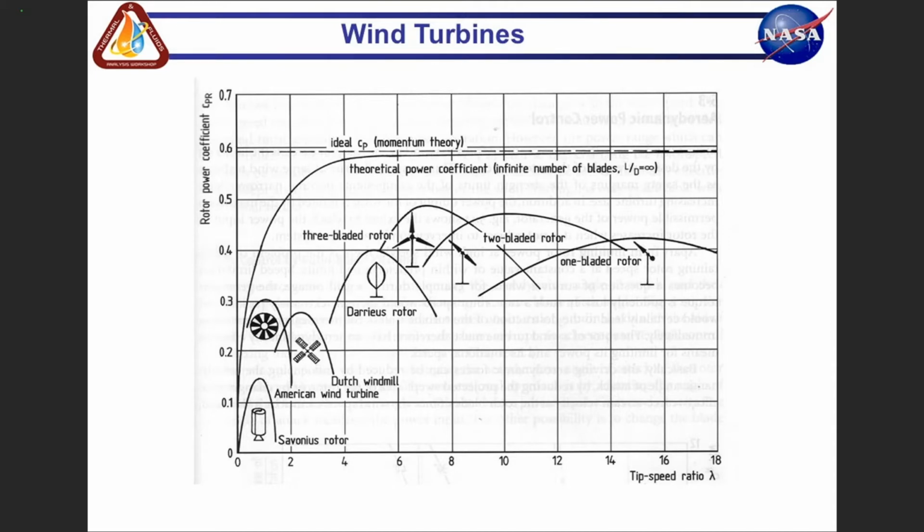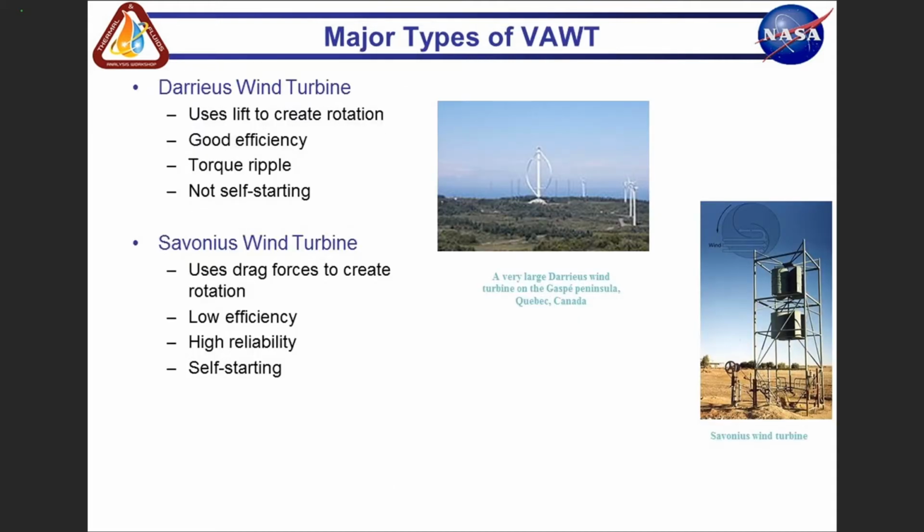We can see from the graph that the Savonius turbine has the lowest power efficiency, while the Darrieus turbine is better, and the horizontal gives the highest coefficient of power. According to that, we will combine the Savonius turbine and the Darrieus turbine together to get the best performance of both.